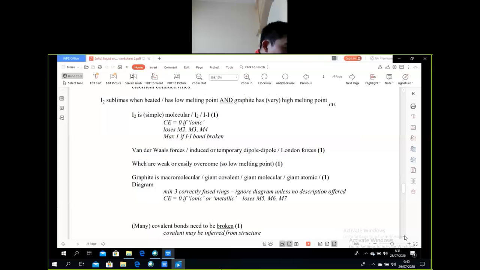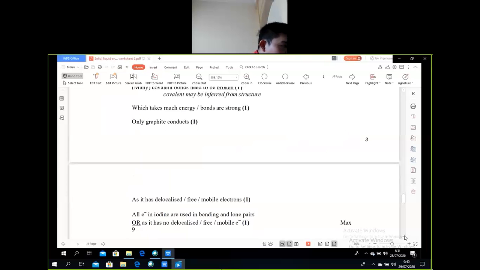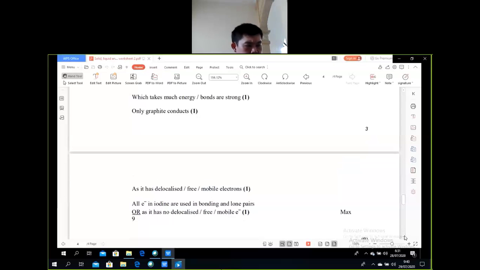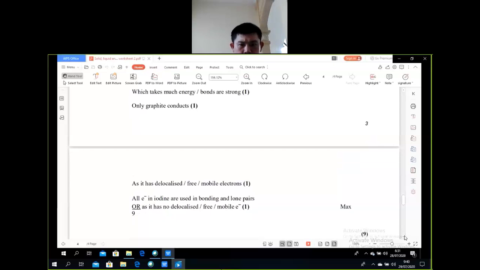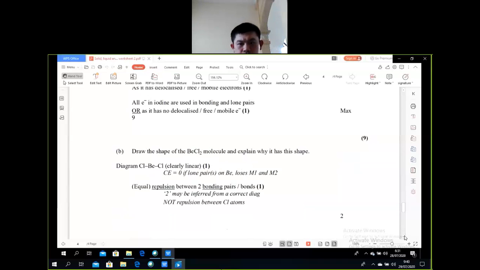So according to the theory, it is the intermolecular forces that determine the low melting and boiling points. Then B, draw the shape of the beryllium chloride molecule and explain why it has this shape.